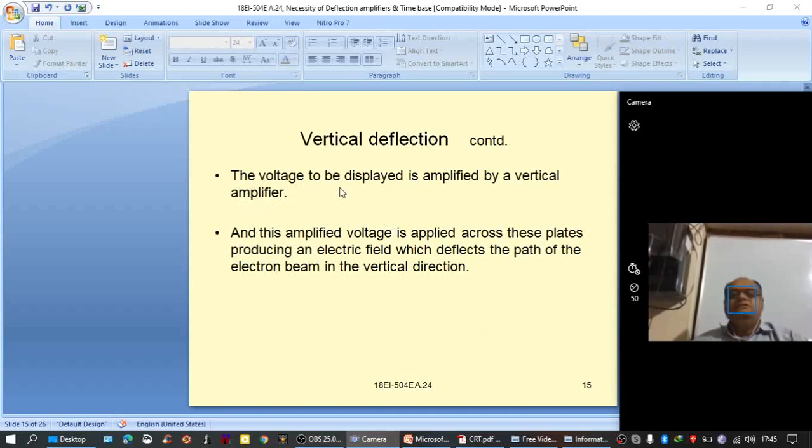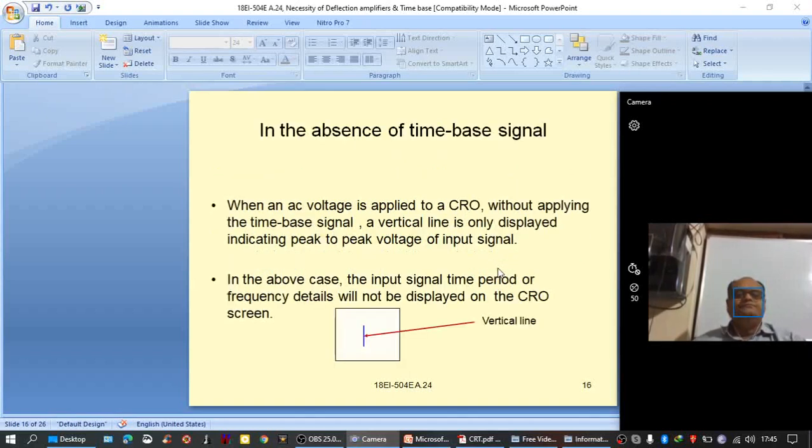The voltage to be displayed is amplified by a vertical amplifier, and this amplified voltage is applied across the plates, producing an electric field which deflects the path of the electron beam in the vertical direction.